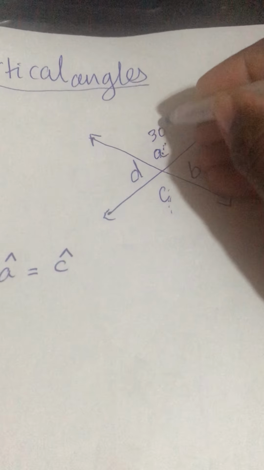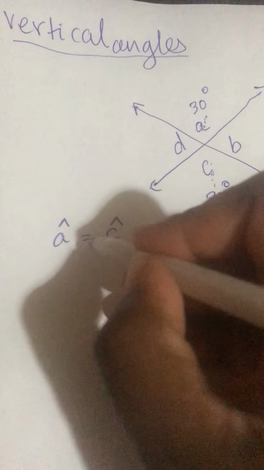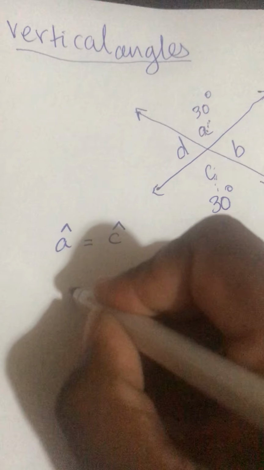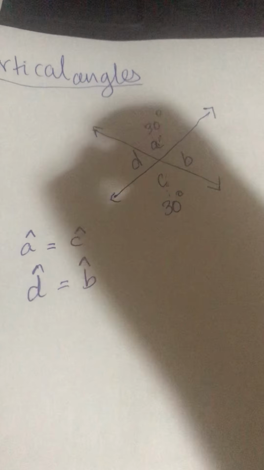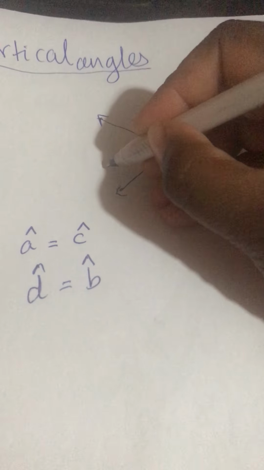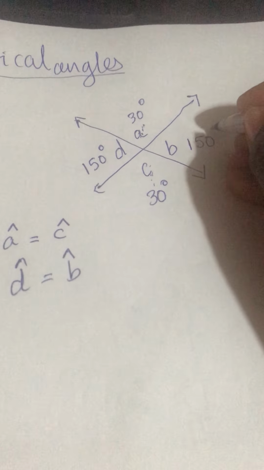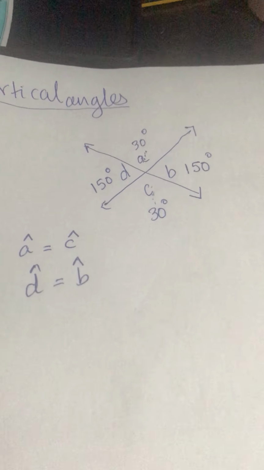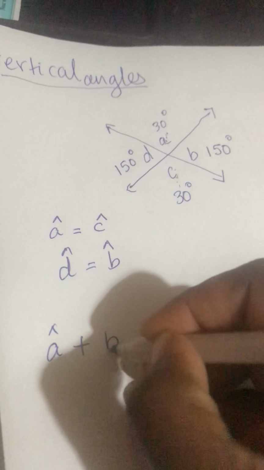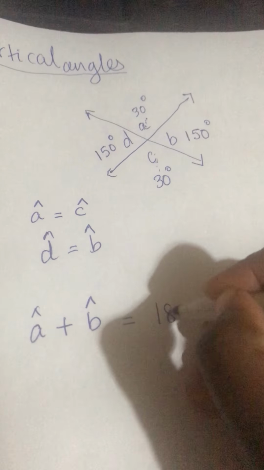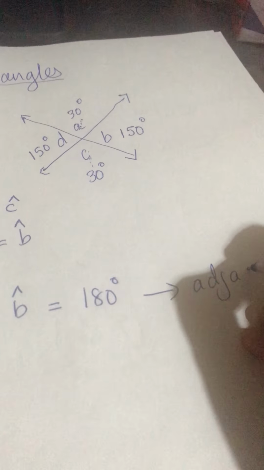If I write 30 degrees here, I should write 30 degrees here. Now, angle D is equal to angle B. If I write 150 degrees here, I should write 150 degrees over here. Then angle A plus angle B should equal to 180 degrees because they are adjacent.